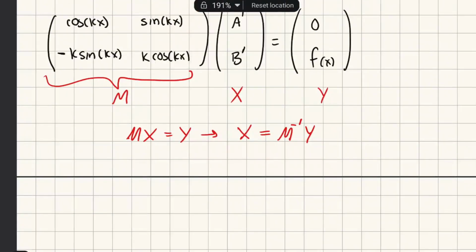So we need to find M inverse. What is that going to be? Well, looking at it, as it is a 2 by 2 matrix, it is very easy to find the inverse, right?